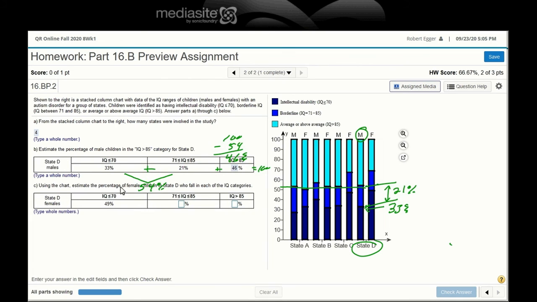Okay, using the chart, estimate the percentage of female children in state D. Okay, we're still in state D. So now we're doing females. And about the rest of the chart. Okay, they're telling us that number is 49%. And now we got to go and kind of estimate what that number is.